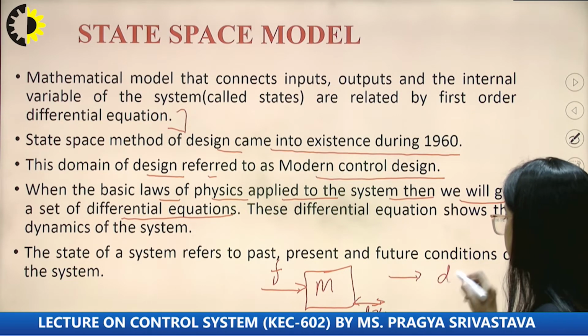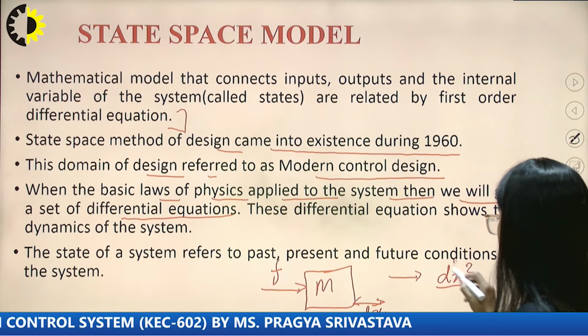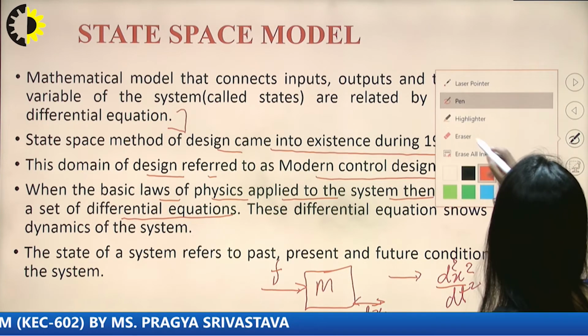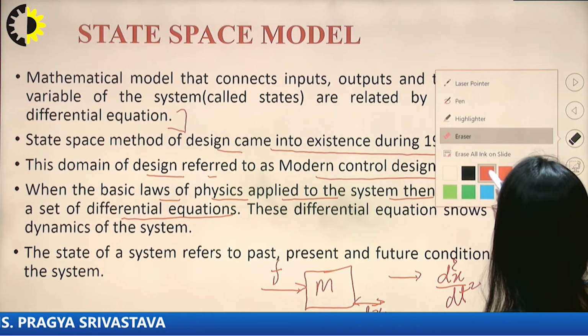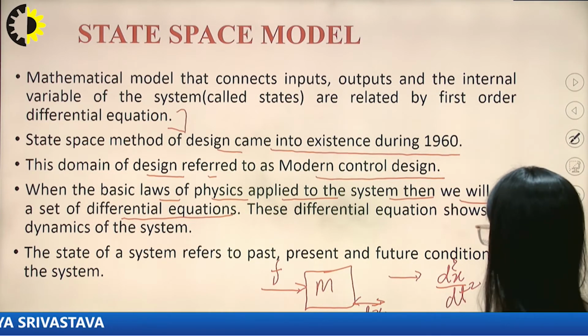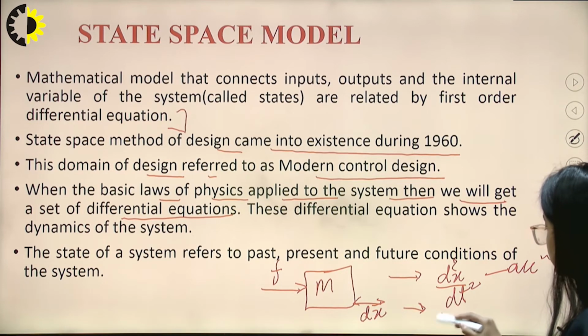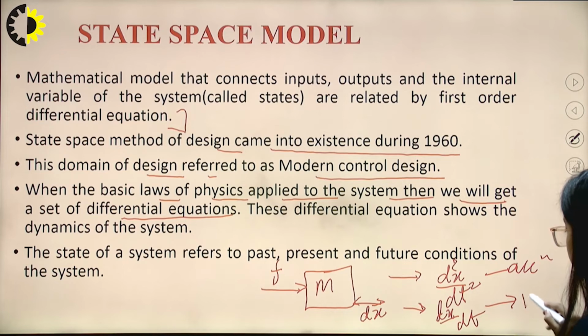Acceleration can be written as d2x by dt square. This is acceleration, and then we can have velocity dx by dt. So this is nothing but velocity.